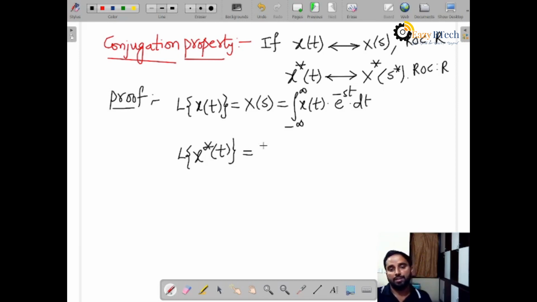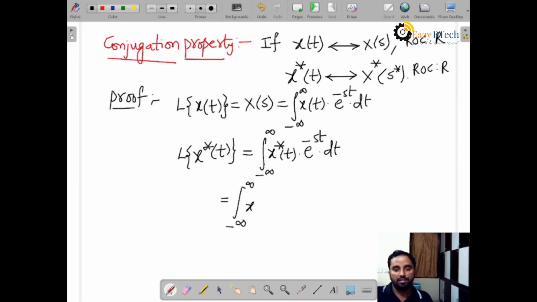So integral from minus infinity to plus infinity x star of t into e to the power minus st dt. So this integral I am arranging like integral minus infinity to plus infinity, this x of t and e power minus s star t dt, whole star.